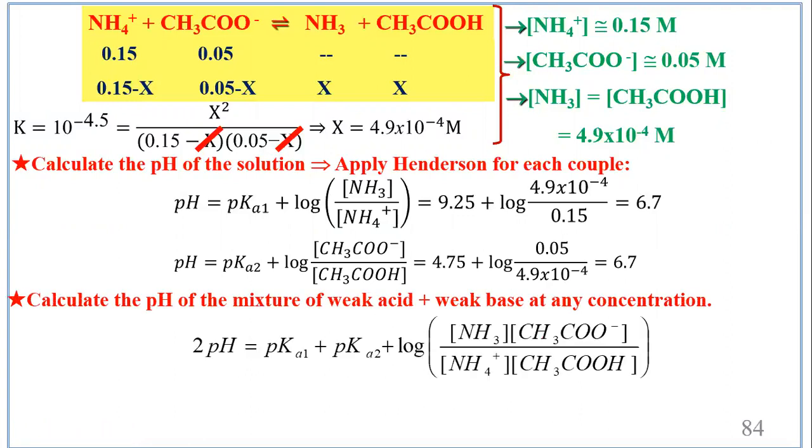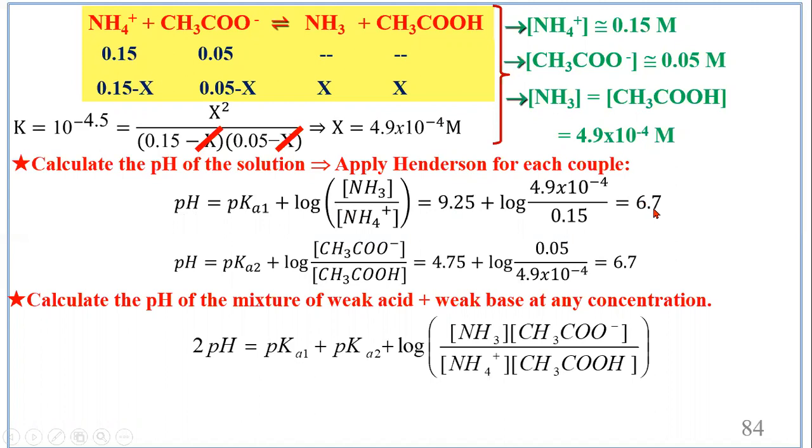Okay, so now calculate the pH of the mixture of the weak acid and the weak base at any concentration. Great. So look at it here. If I look at this, and this is a procedure, guys. If you have two couples, I can do the pH of each separately, or just choose one and you get the pH of the system.